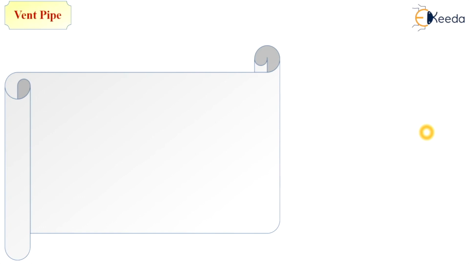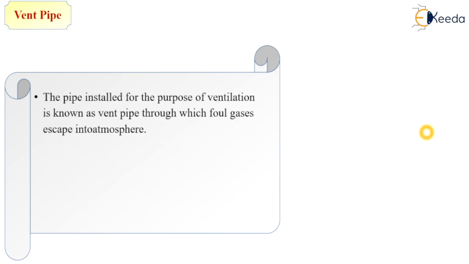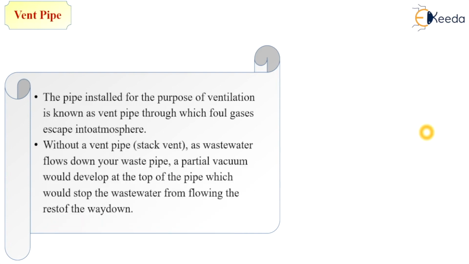Next is the vent pipe. This is one of the types of instruments that are used as building services or sanitary fittings. The pipe installed for the purpose of ventilation is known as a vent pipe, through which foul gases escape into the atmosphere.